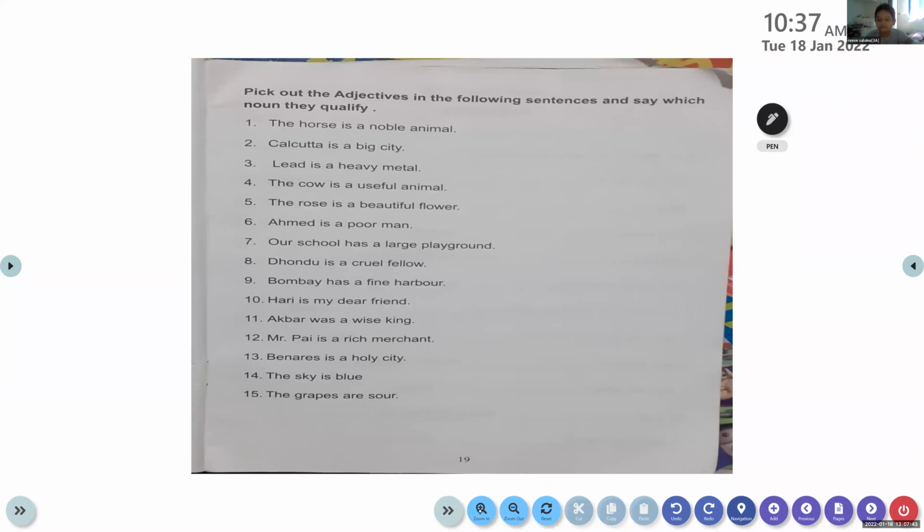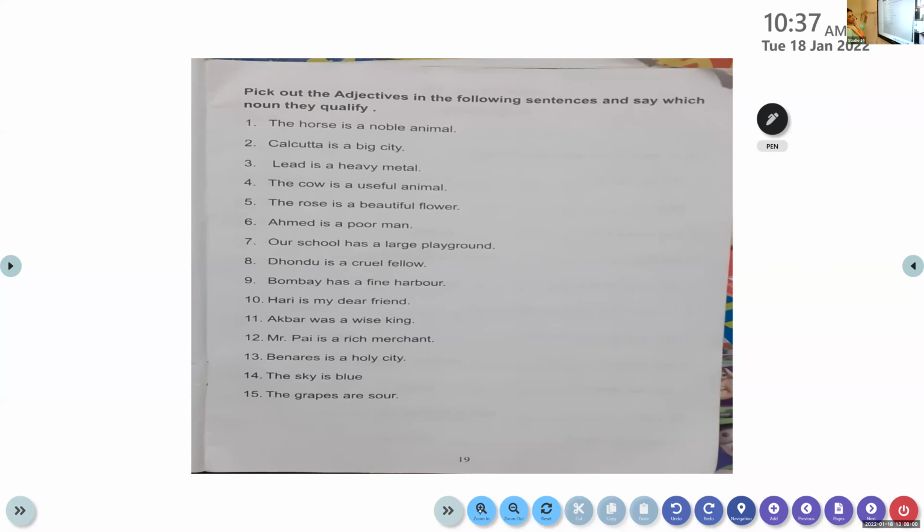Page number is 19. We are doing a revision. I know that you have completed, just to make sure. Yes or no? Very good. We are going to do a revision on the topic. Okay, very good, Abhinav.